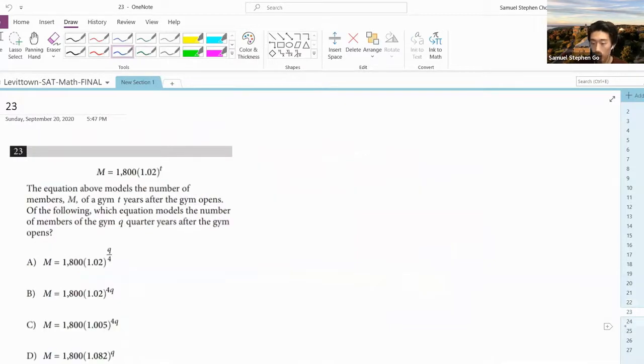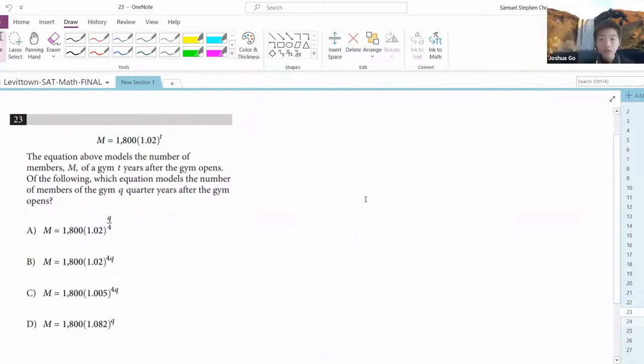Let's go to 23. All right, so 23 gives us an equation m equals 1,800 times 1.02 to the t. So it says the equation above models the number of members m of a gym t years after the gym opens. Of the following, which equation models the number of members of the gym q quarter years after the gym opens?